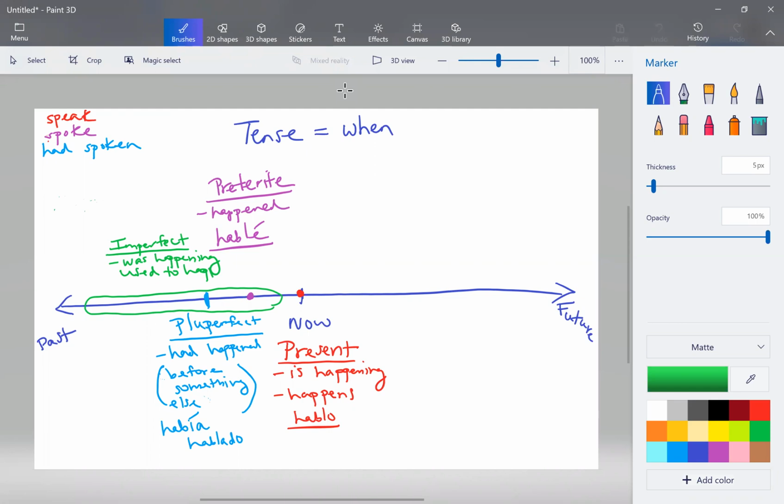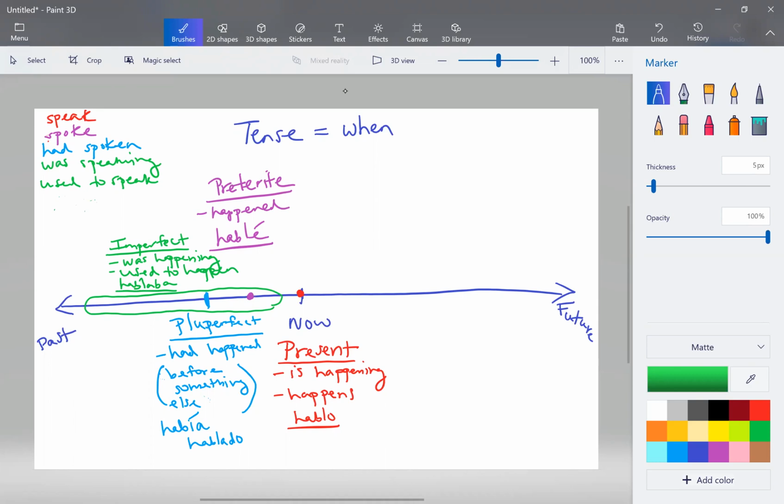Those are both good translations of what the imperfect indicates. And that looks like hablaba in the yo form. So that would mean was speaking or used to speak. Okay.